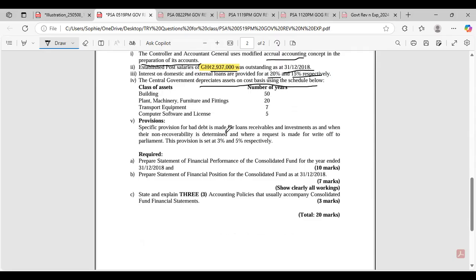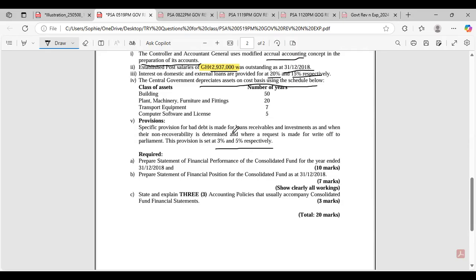Specific provision for bad debt is made for loans receivable and investment, as and when their non-recoverability is determined and a request is made for a write-off to Parliament. This provision is set at 3% and 5% respectively. The provisions will be on what?